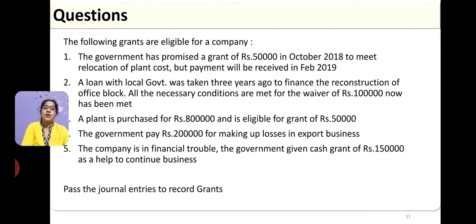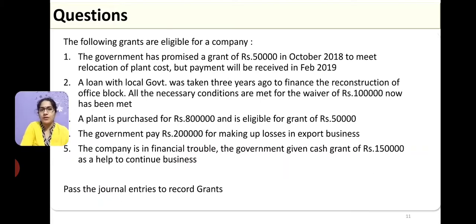Then you are purchasing a plant for 8 lakh and it is eligible for a grant of 50,000. Then government to pay 2 lakh for making up of loss. The last one, the company is in financial trouble and the government has given a cash grant of 1 lakh 50. So again these are some of the examples of the government grants that can be received.